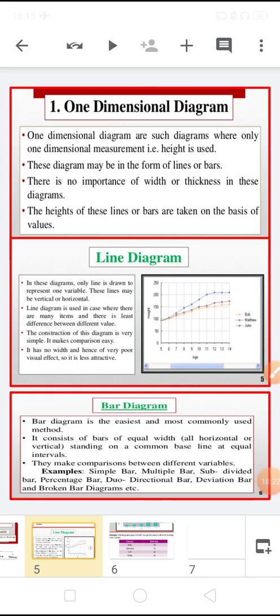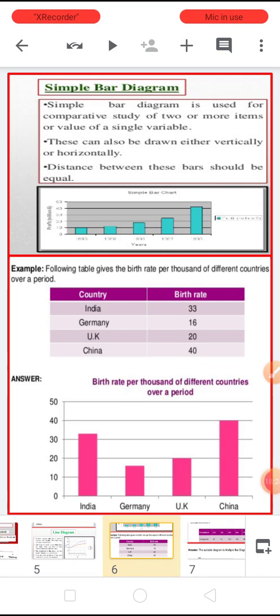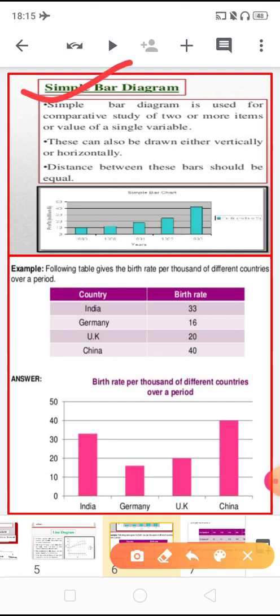So children, let us start with another topic. Let us learn first what is simple bar diagram. What is simple bar diagram, children? Simple bar diagrams are those diagrams which are based on a single set of numerical data.